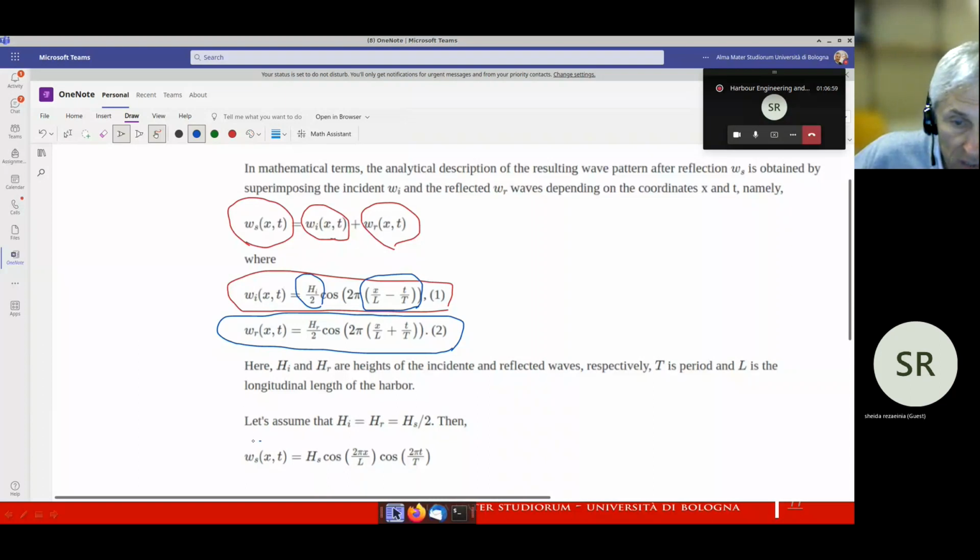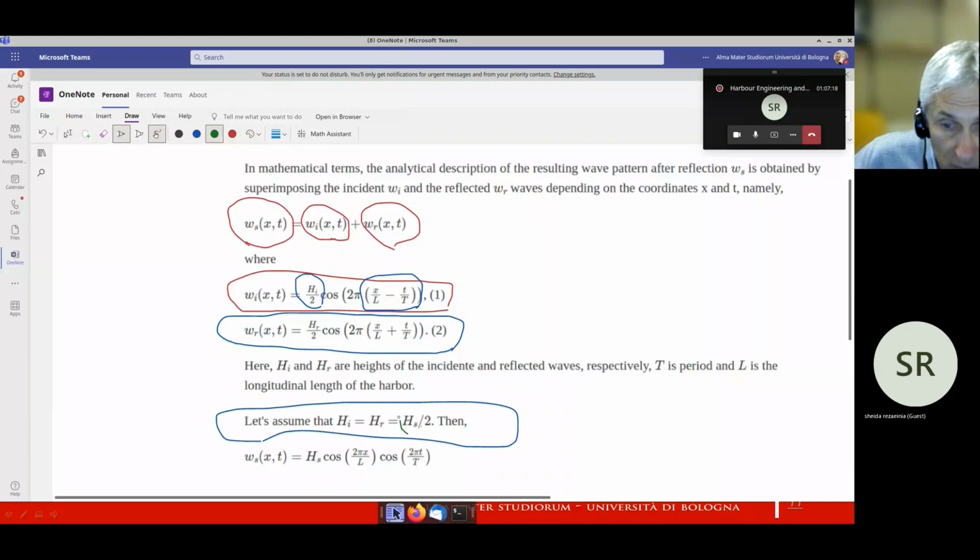Okay, now we assume that hi is equal to hr, which is equal to half of the height of the standing wave. hs is the height of the standing wave, and it is twice the height of the incident wave. Okay, and therefore the resulting standing wave is here.